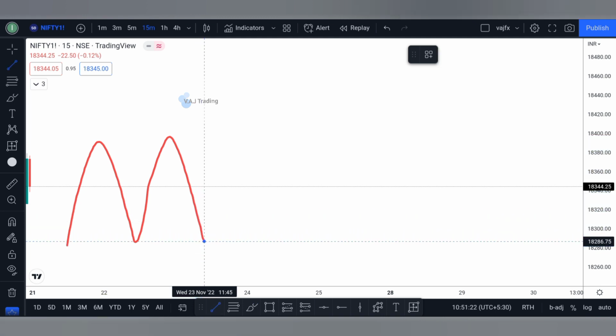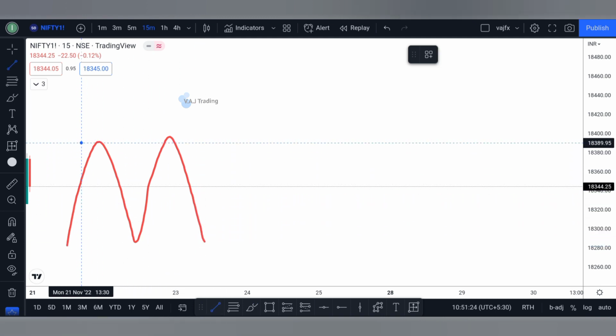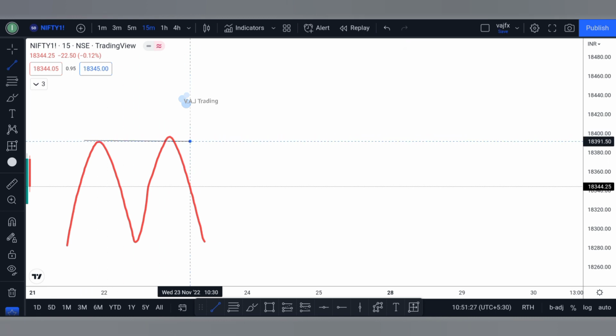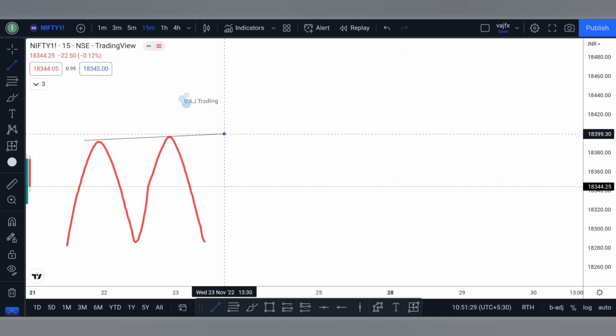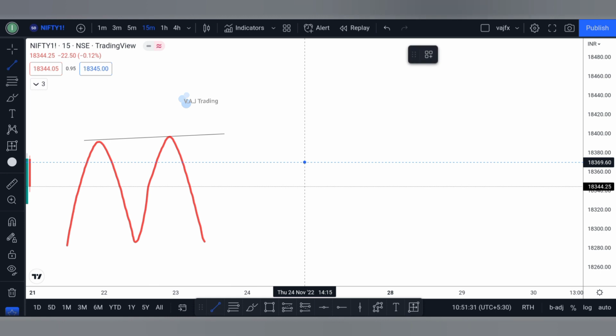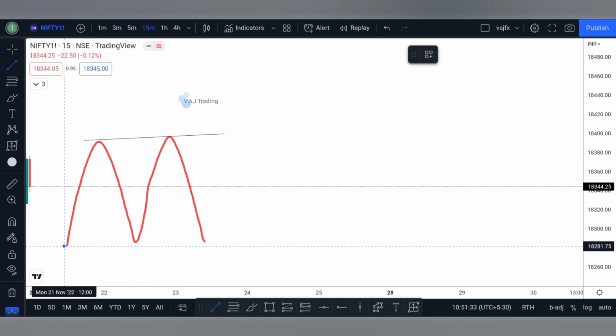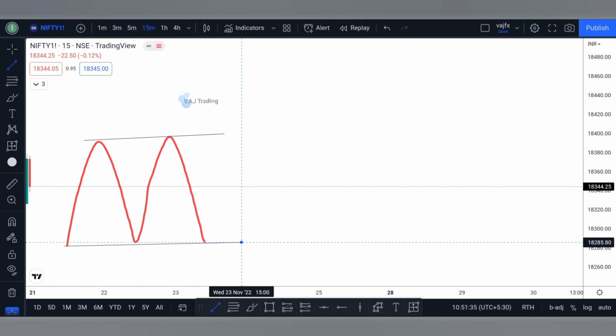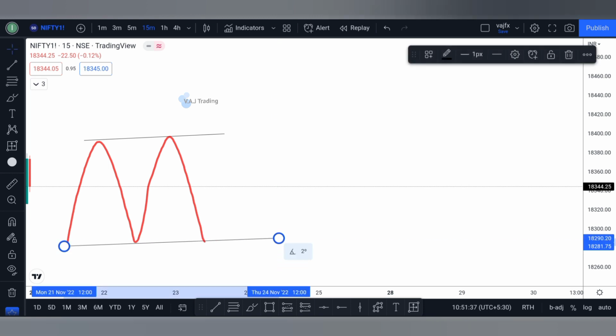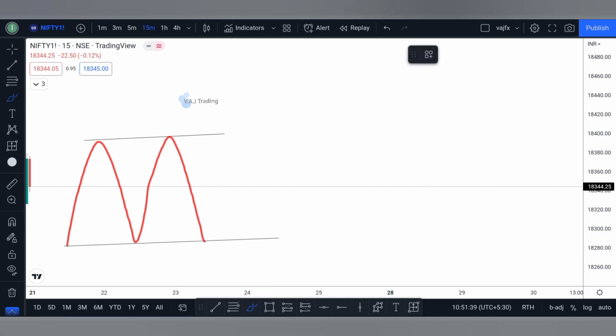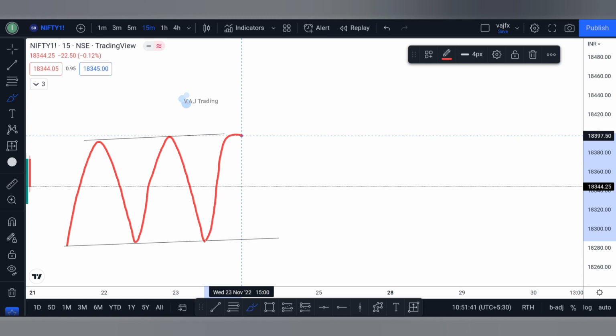Then we get some points to mark our resistance and support levels. We will mark these levels as resistance and these as support, expecting the price will reverse from these levels.